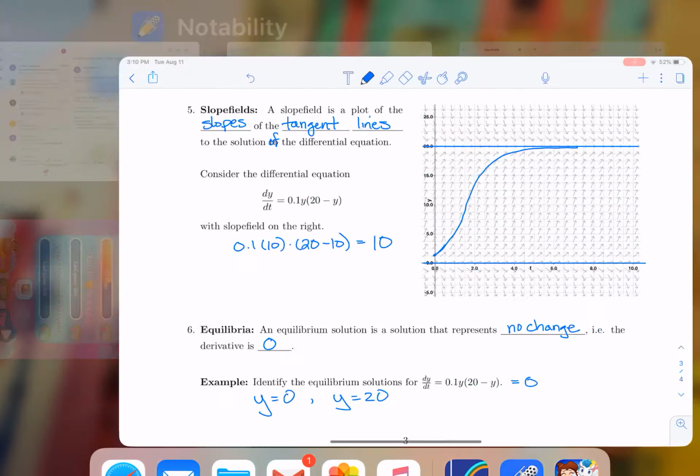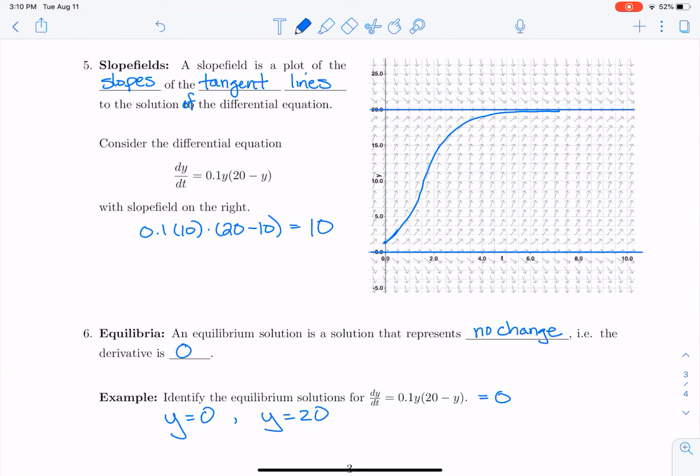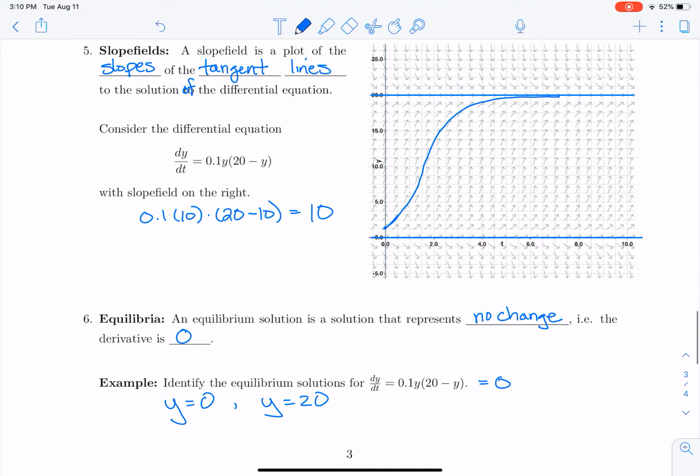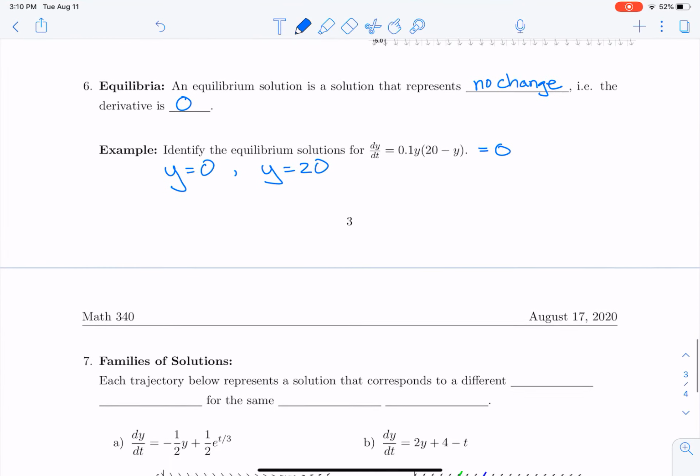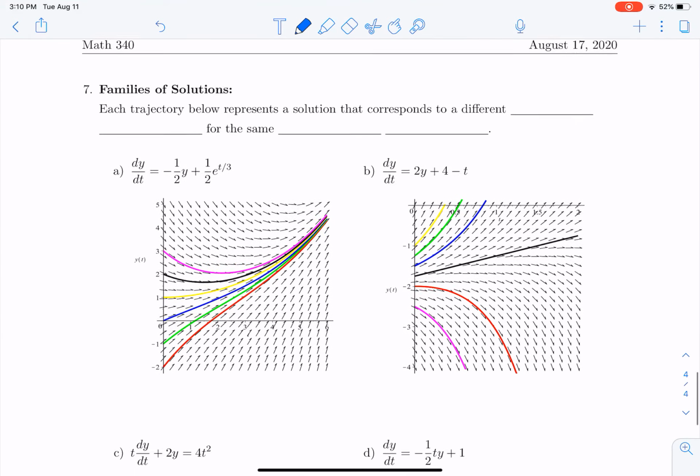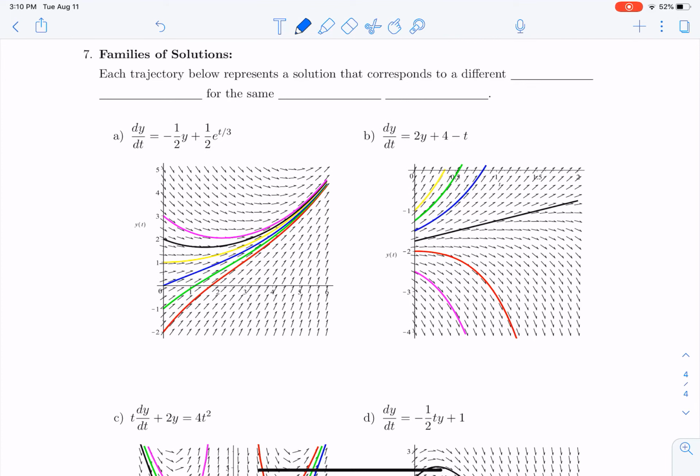So let's look at the consequence of some of these slope fields, and what you can discover from these slope fields, and that is families of solutions. A differential equation isn't going to just have one solution, it's going to have a family of solutions.